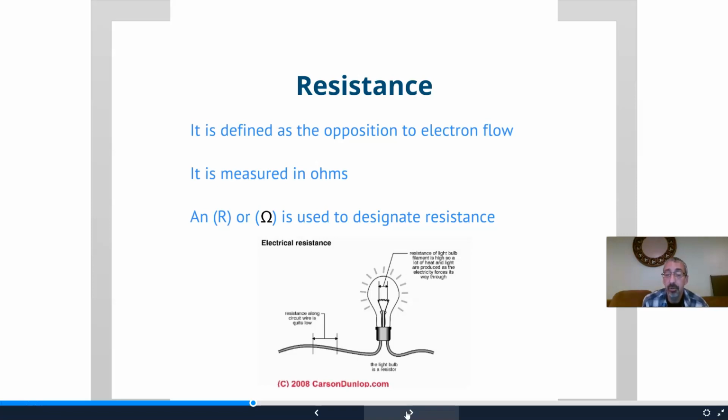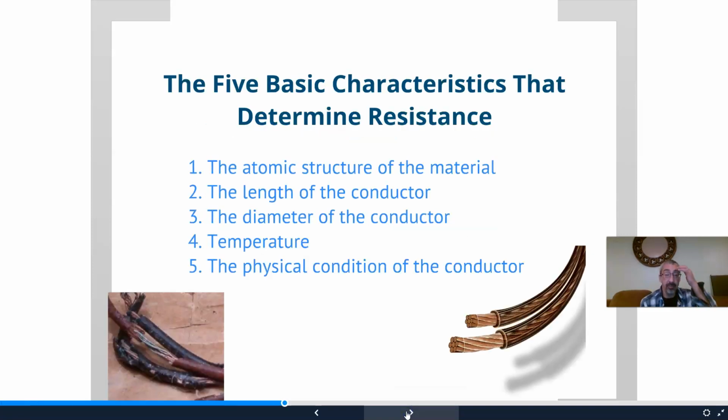Okay, so we need something in the middle that's going to be what I call the battleground between the two sides, and having a load, a light bulb, a motor, anything satisfies the load. That is the resistance. Okay, it's the opposition to electron flow. Now we have some characteristics that determine resistance.